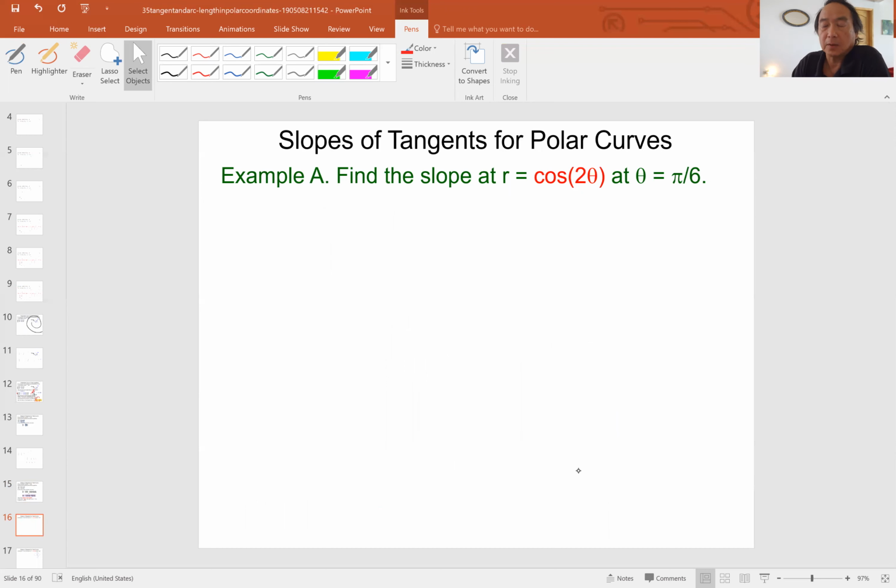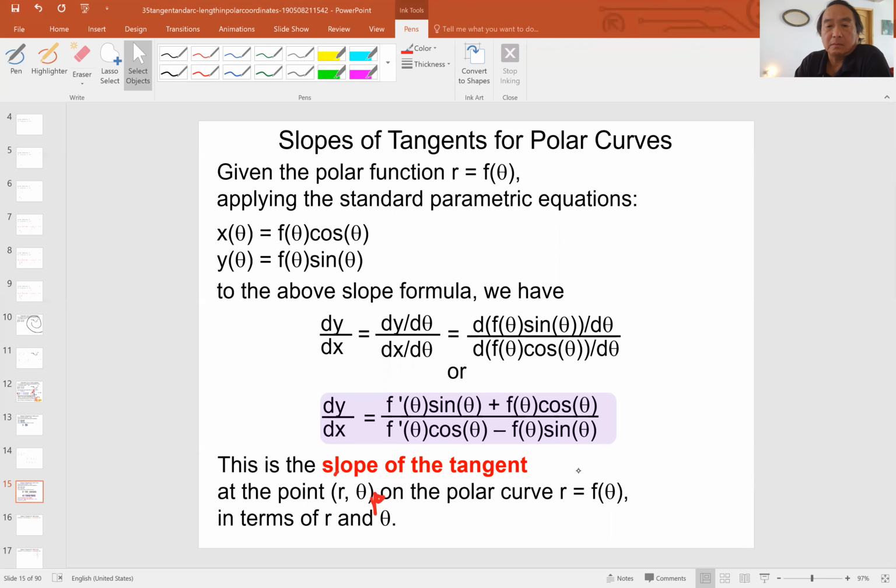Here are some calculations. Once we know the formula, you just have to calculate the derivative of y and the derivative of x.